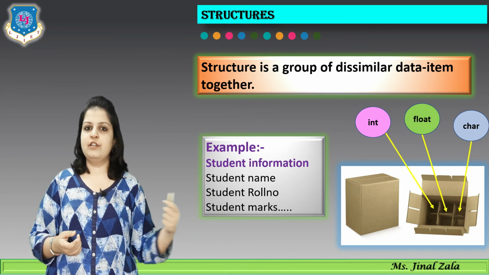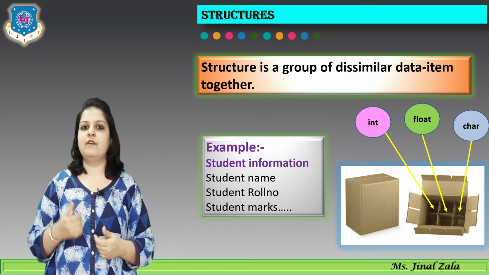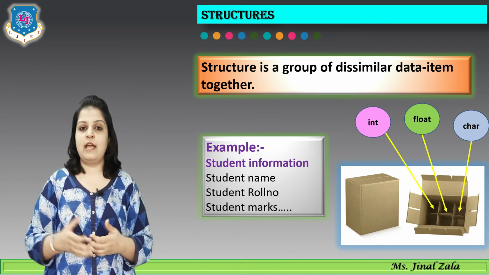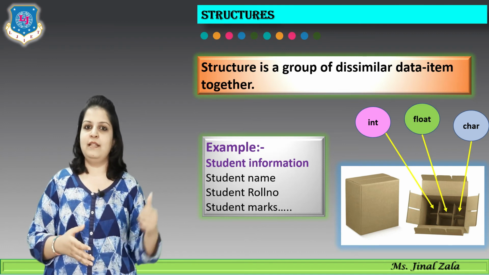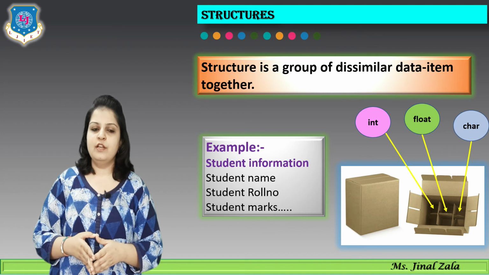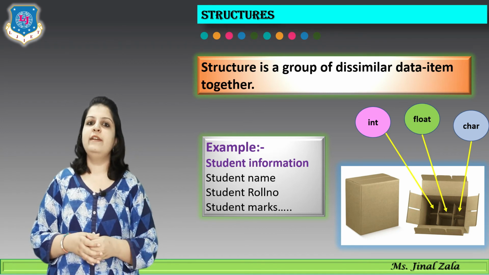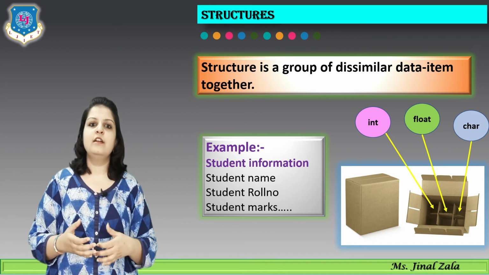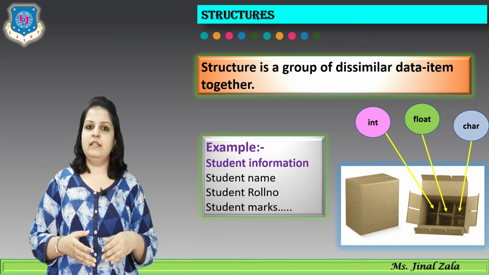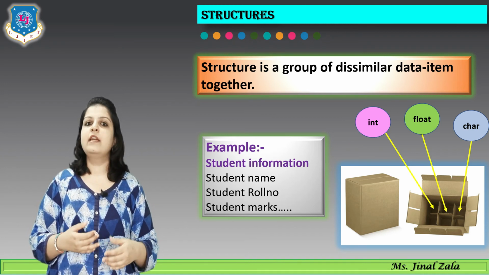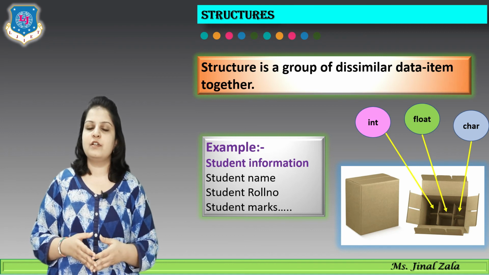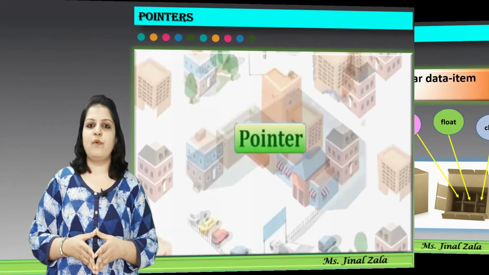One is an integer, one is a character array, one is a float. Then what happens? We can store it using a new concept, that name is structure. So structure is a group of dissimilar data items together. So in this module we will see how we can define this structure, how we can access the members of structure, all things.